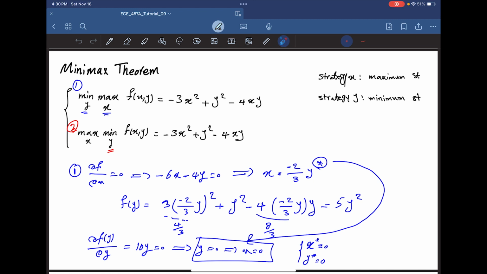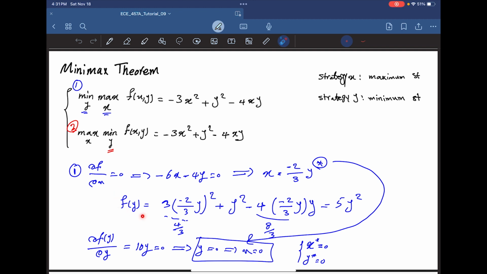And now we need to substitute this expression into f, because the next one is an optimization problem with respect to y. So we need all the variables here to be y, and there should be no x in the cost function.